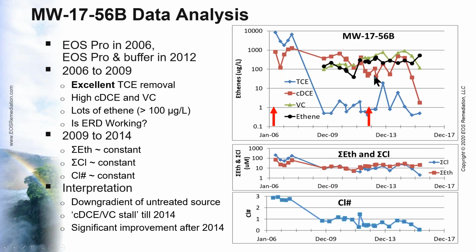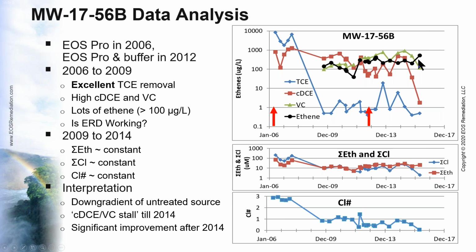Okay, obvious question is, we don't have bugs, maybe we should bioaugment. Well, the problem is they bioaugmented early on. And the other problem is you look at this black line, we're making at least 100, maybe 200, 300, 400 micrograms per liter of ethene.